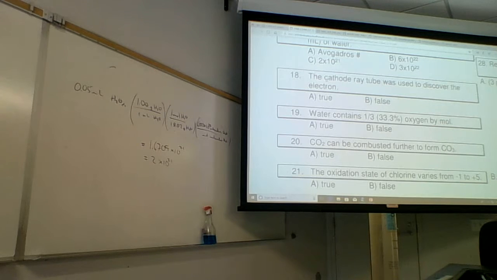If I look at it by atom, does water contain 1/3 oxygen by atoms? 1/3 of the atoms are oxygen. There are 3 atoms total. 2 hydrogens, 1 oxygen. So 3 atoms total. 2/3 of the atoms are hydrogen. 1/3 of the atoms are oxygen atoms.